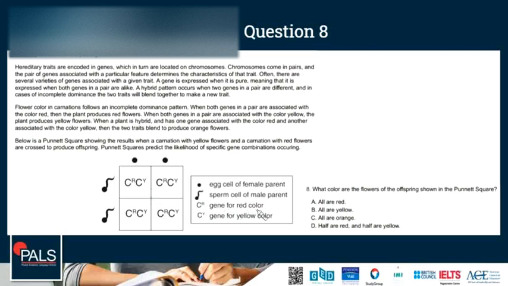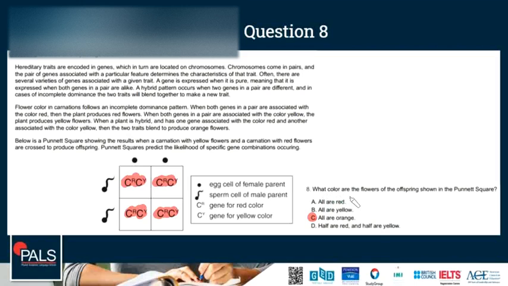CR for red flower color, CY for yellow flower color. And we can see that in this case, all 4 offspring, or 4 possible combinations for flower color are the same. That means that all offspring will be orange, and we can see the correct answer must be this.